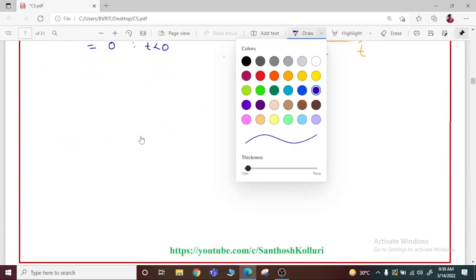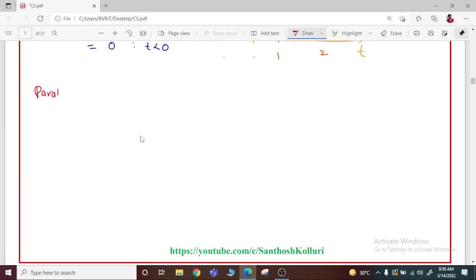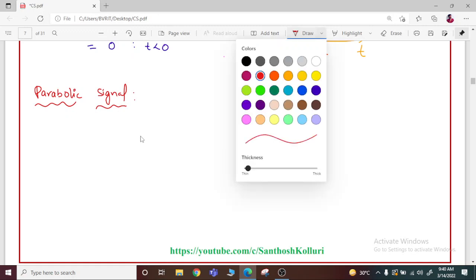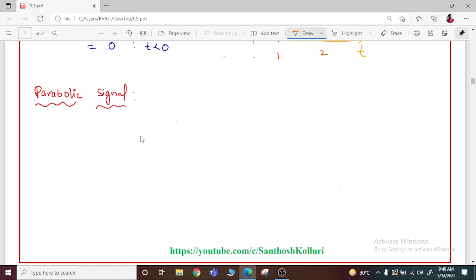And third one is parabolic signal. I am considering unit parabolic signal. The graph will be like this. This is the input t and this is r of t. So this is the square of the input.